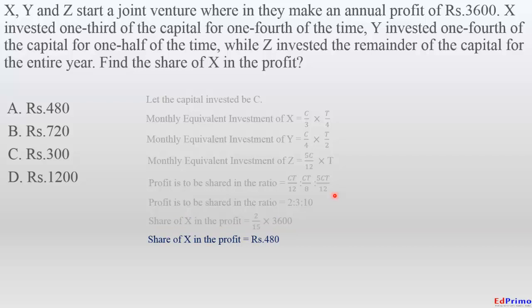So our correct answer here is option A, Rs 480. Now in the same way, we will be able to solve if the question were to ask the share of Y in the profit or the share of Z in the profit by applying the same logic.